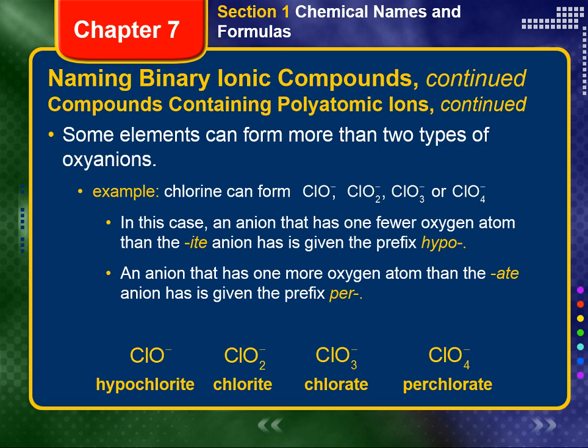Compounds containing polyatomic ions are named in the same manner as binary ionic compounds. The name of the cation is usually given first, followed by the name of the anion. For example, the 2 compounds formed with silver by the nitrate and nitrite anions are named silver nitrate, AgNO3, and silver nitrite, AgNO2, respectively.